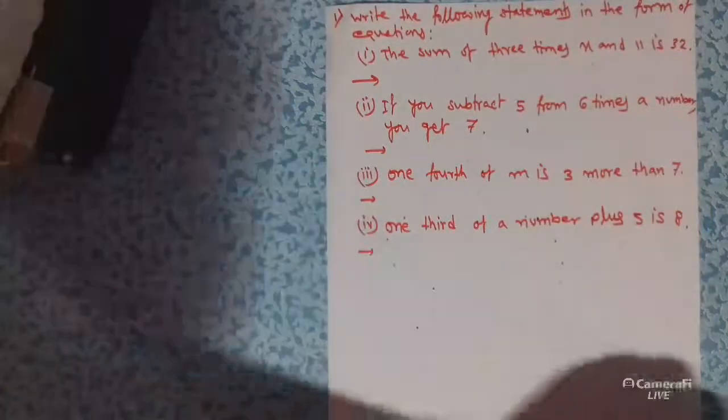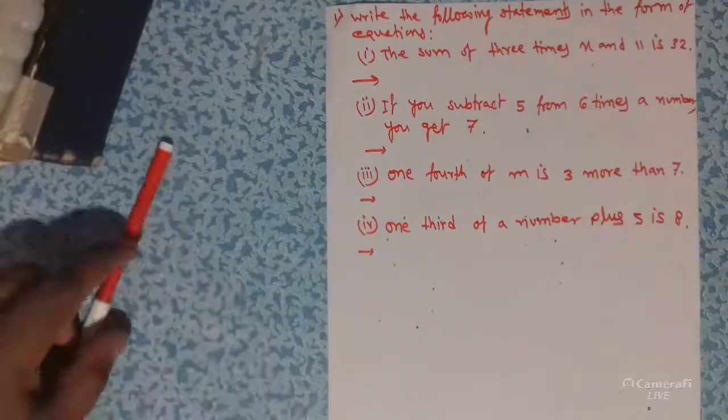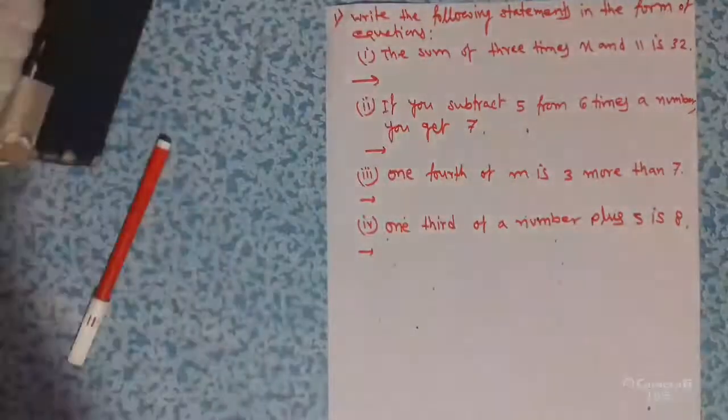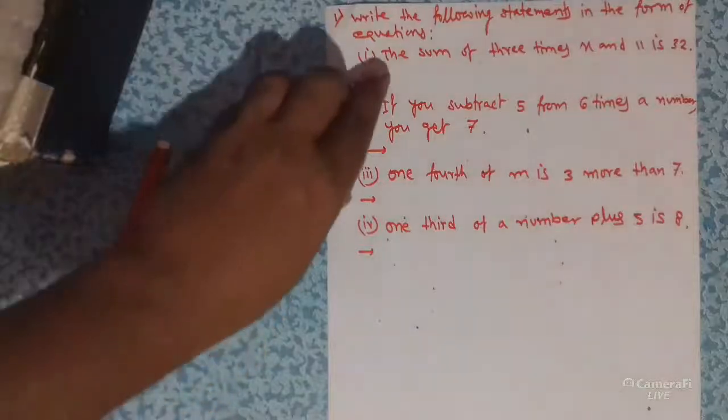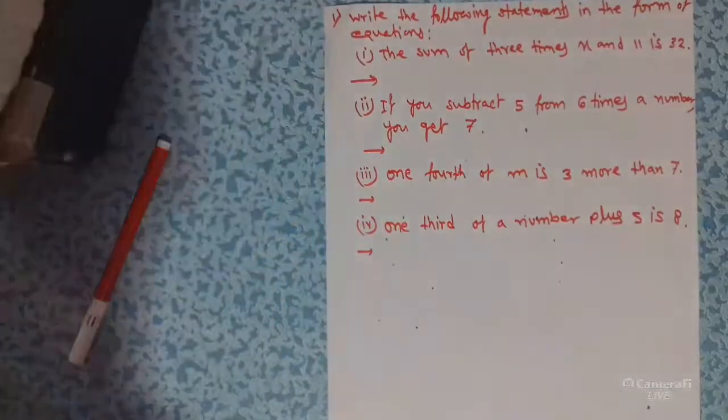Now solve all the problems and send me the answer. So write the following statements in the form of equations. You have to write the statement and form an equation, okay, and send me the answer, students.